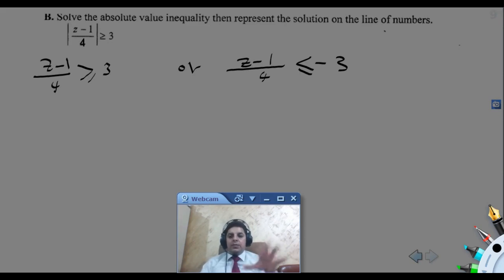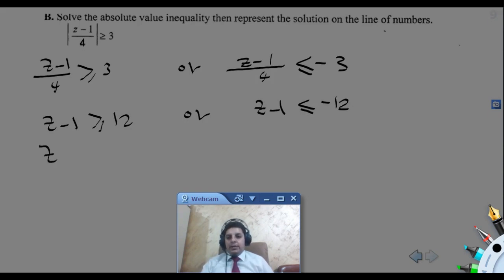We solve each inequality by multiplying both sides by 4. Then z minus 1 is greater than or equal to 12, or z minus 1 is less than or equal to negative 12.